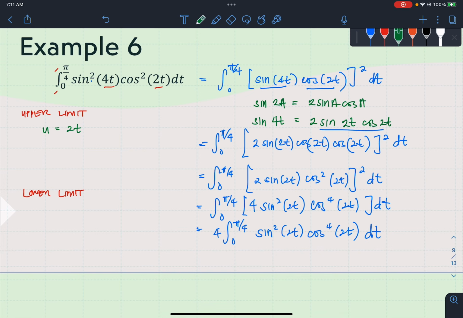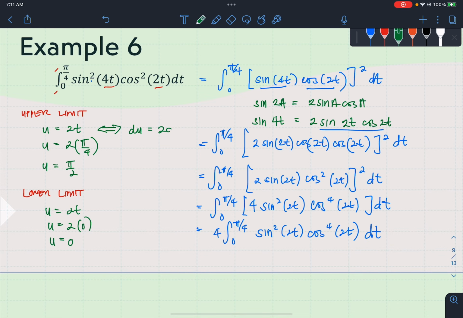So t is the upper limit, and our upper limit is pi all over 4, making u equivalent to pi all over 2. Our lower limit is 0, so therefore u is 0. So we're able to transform it from 0 to pi all over 2. Then we derive this. The derivative of u is du, and of 2t it's 2 dt. So therefore, du over 2 is dt.